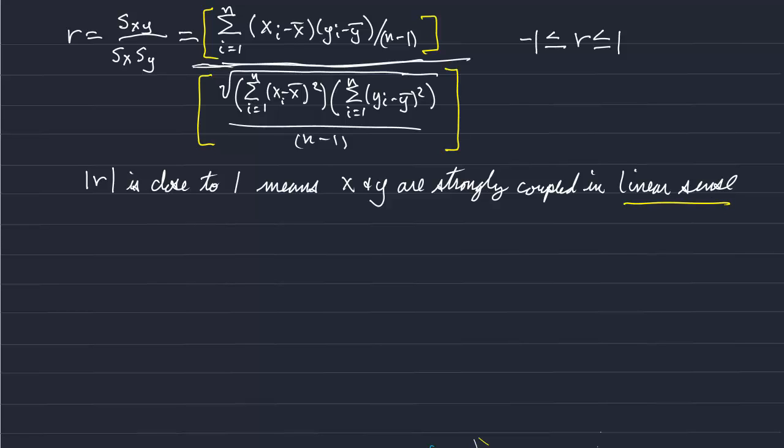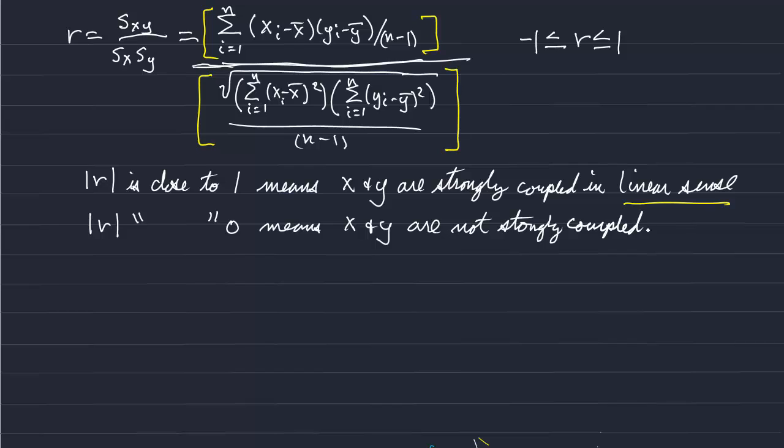And if R is close to 0, then that means X and Y are not strongly coupled in a linear sense.